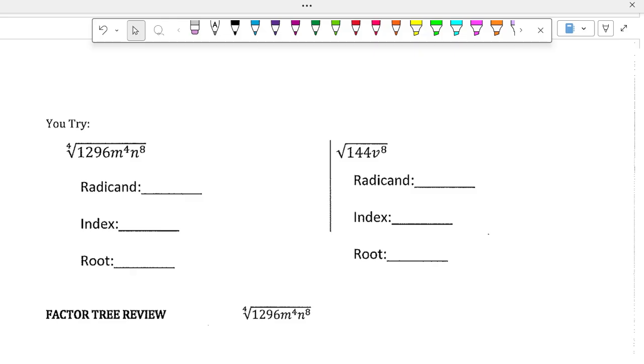So I want you to stay with what the radicand is, the index, and the root. My recommendation, converting this to fractional exponents will help. So try both of those.